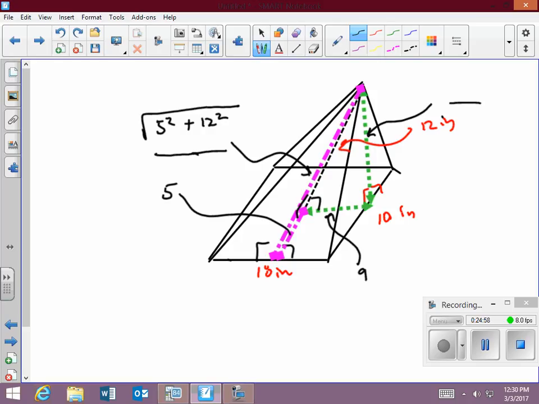And this one is the square root of 9 squared plus 12 squared. So this is the square root of 25 plus 144, which is the square root of, what is that, 169?